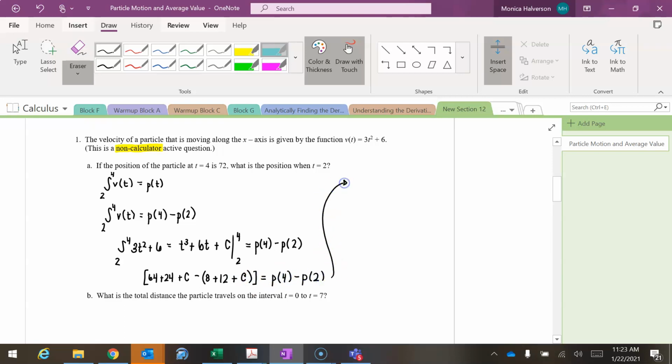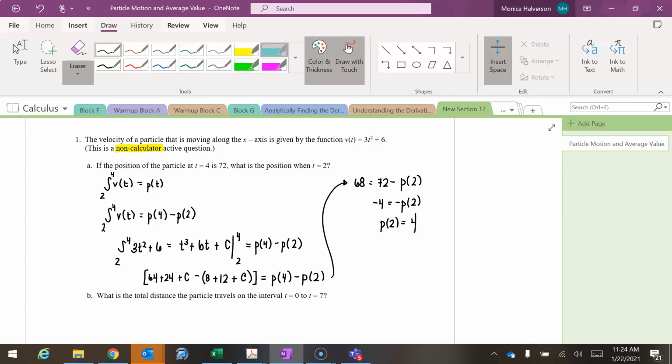So we would get 88 minus 20. So that's 68 is equal to the position at 4, which is 72, minus the position at 2. So we would get negative 4 equals negative p of 2. So p of 2 equals 4. So the position at time equals 2 equals 4.